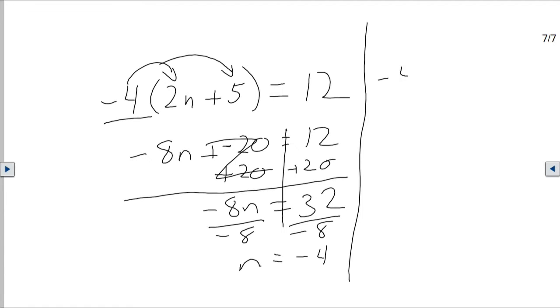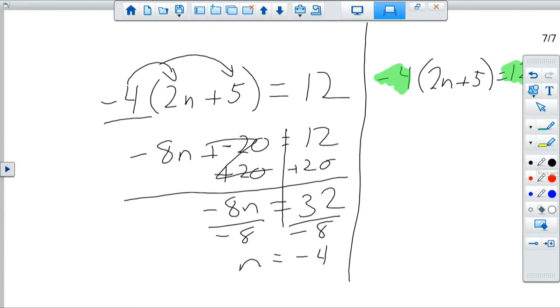Now, a second way we could approach that is if we notice, I get my highlighter here, that this number, negative 4, and I have 12, those go in, 4 goes into 12 evenly, right? So we can use that to our advantage on this.